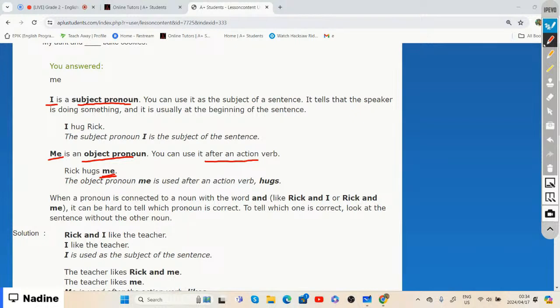So to tell which one is correct, we need to look at the sentence without the other noun. So we need to say either me or I. But remember, that is either between a subject pronoun or an object pronoun, right?